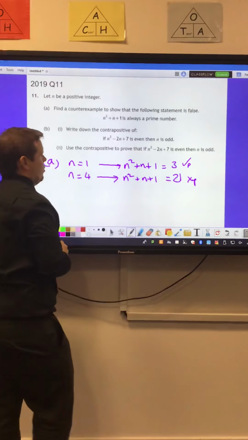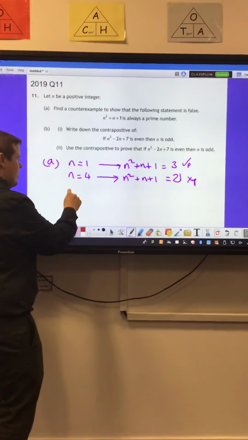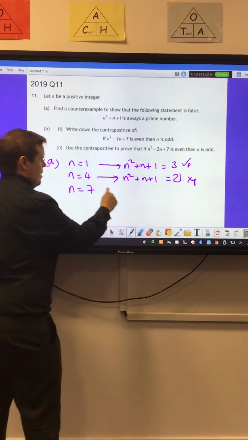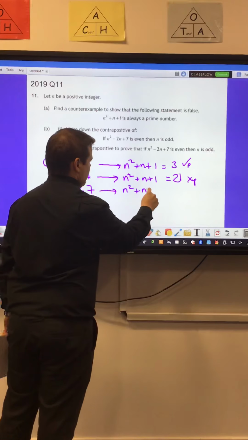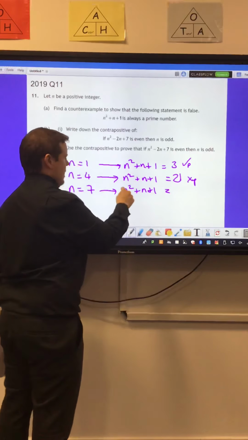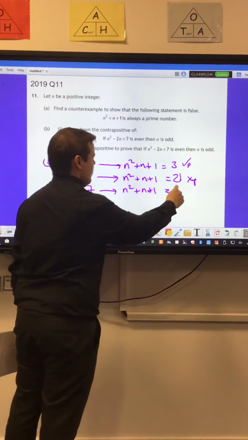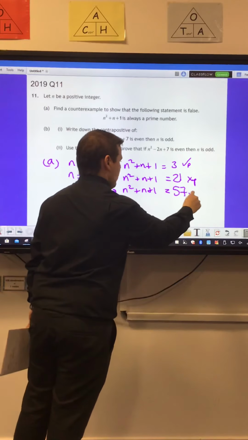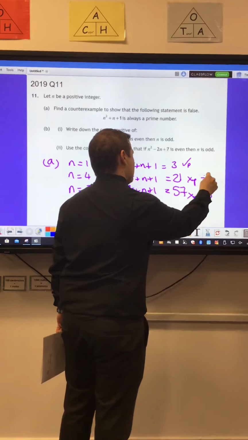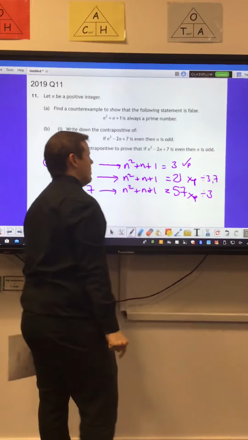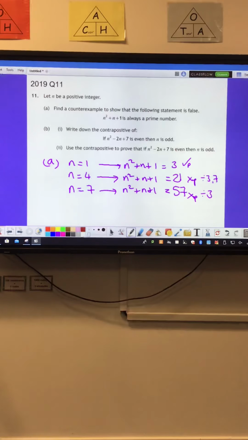So there is your counterexample. Other numbers that would work, n equals 7 is another one, because that would give you 49, add 1 is 50, add 7 is 57. That is not prime, because it can be divided by 3. So, that is your first one.